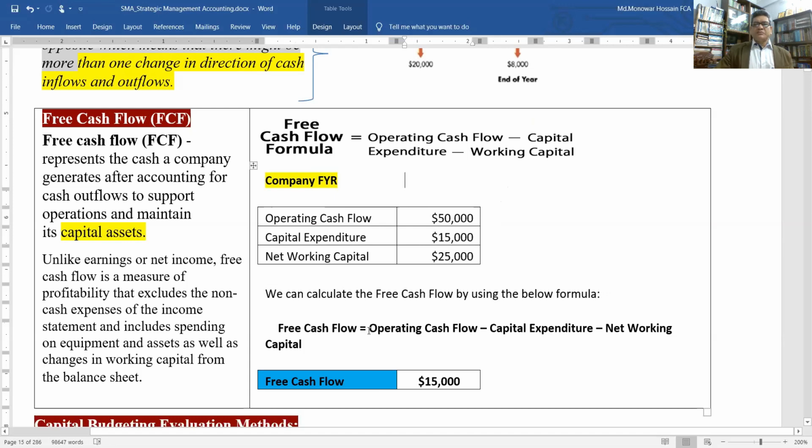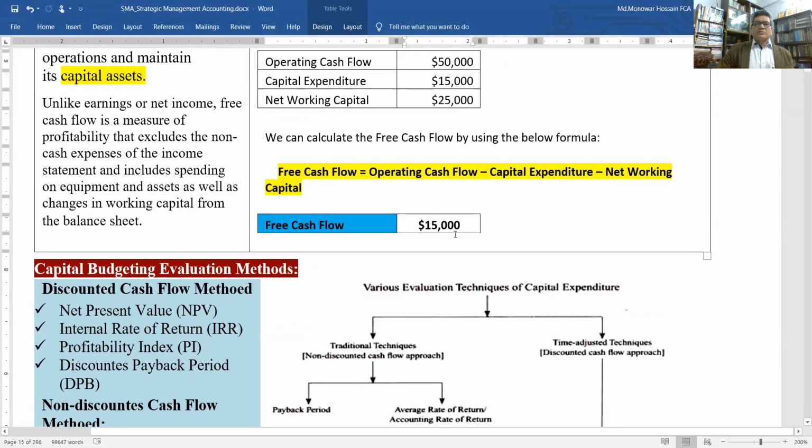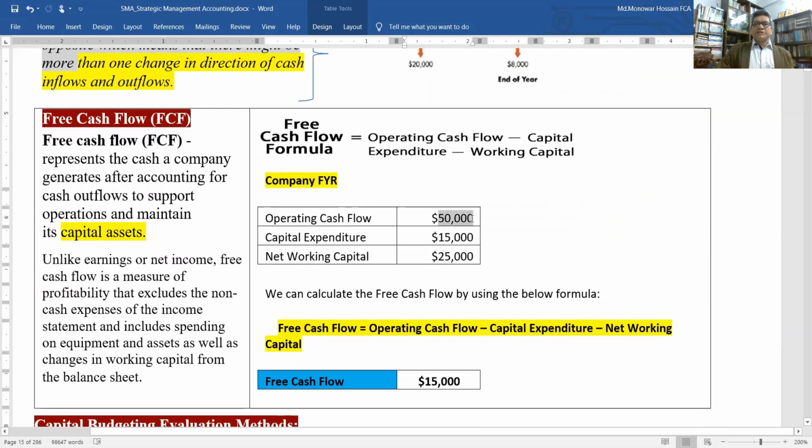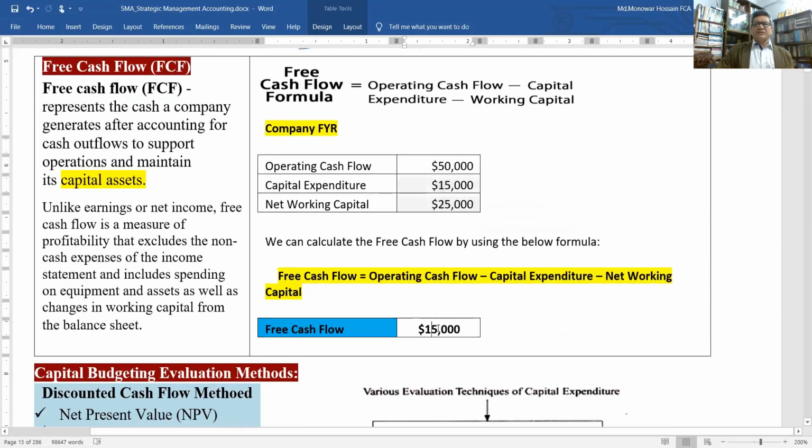Free cash flow equals operating cash flow minus capital expenditure minus net working capital. That means operating cash flow 50 minus capital expenditure 15 and net working capital 25. So 25 and 15, 40,000, and free cash flow would be 10. Okay.